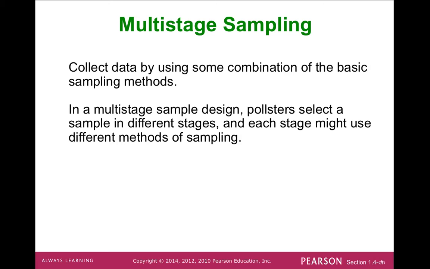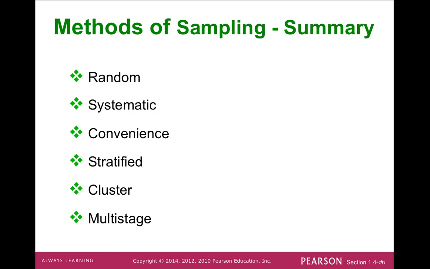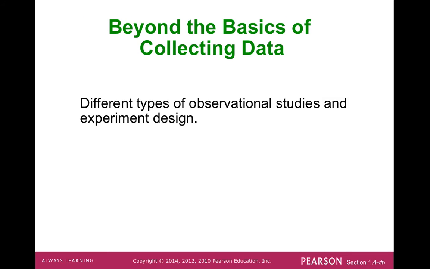And really, it just depends on the type of data that you're trying to get at. But it's not wrong to use a mixture of sampling methods if you do have a longer study. So in summary, the methods of sampling are random, systematic, convenience, stratified, cluster, and multi-stage.